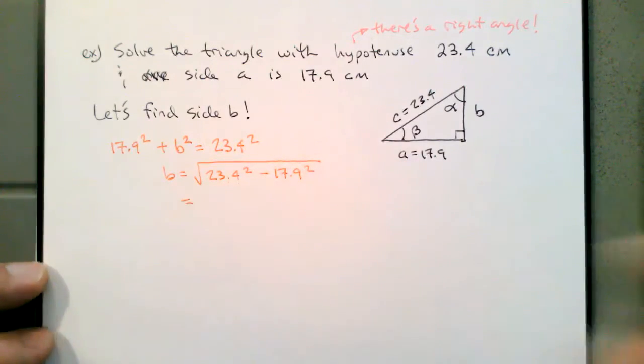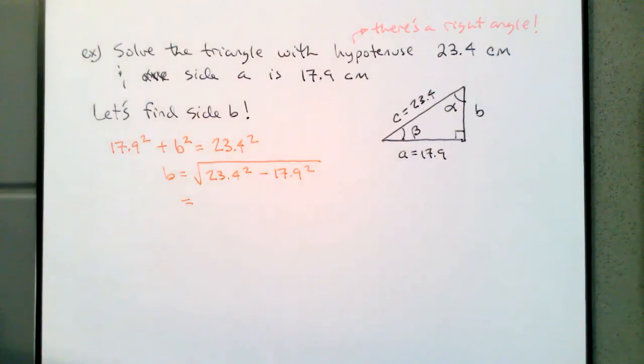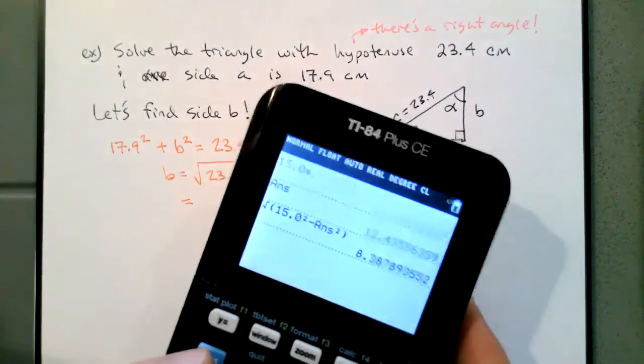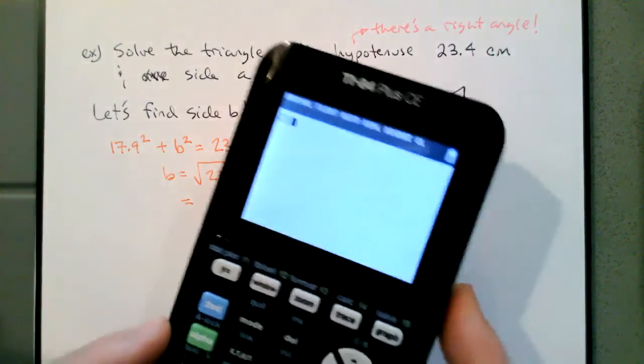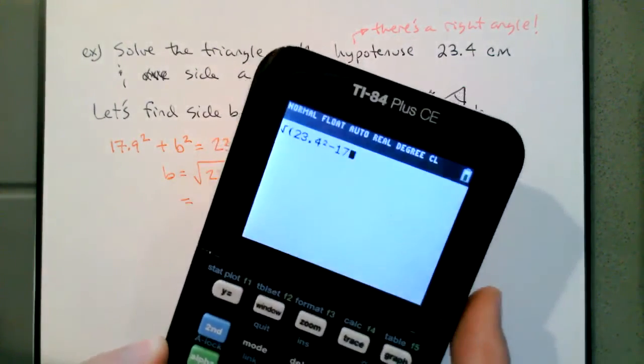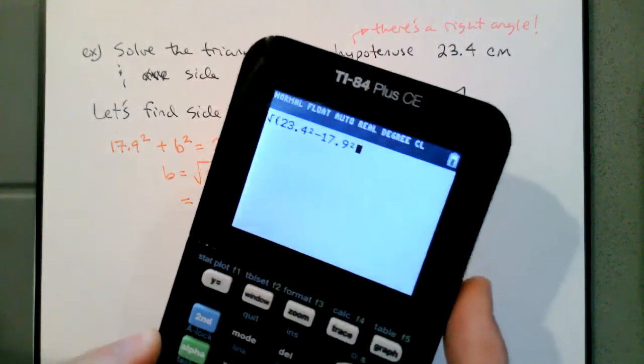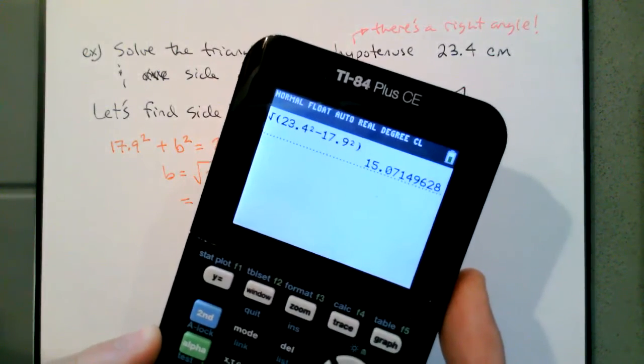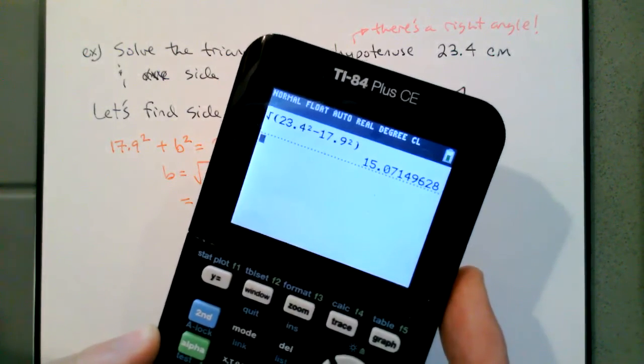So B is equal to, and I'll just use my calculator for that part. The square root of 23.4 squared minus 17.9 squared. To the nearest tenth will be 15.1 centimeters.